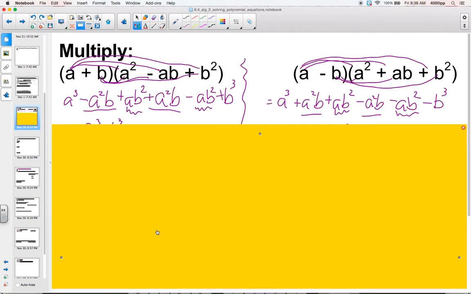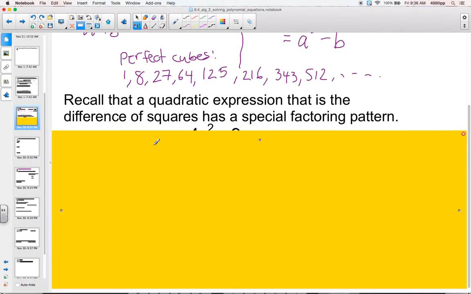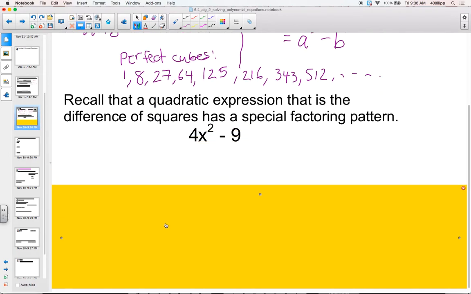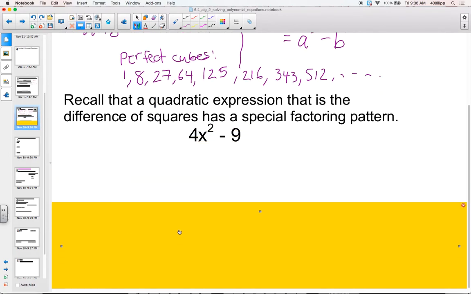Okay, oops. So let's also remember that we also have the difference of two squares, or dots. We called that dots. Difference of two squares, dots. So this one we have a difference, and both of these are perfect squares, a squared minus b squared, and then we were able to factor this as a plus b and a minus b.